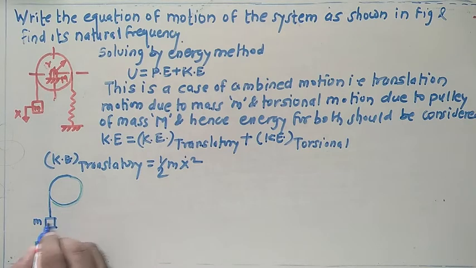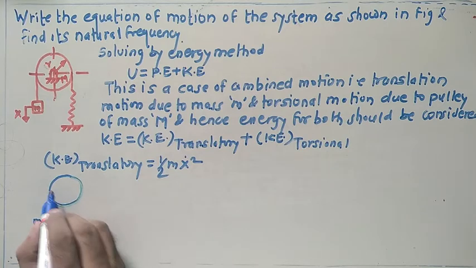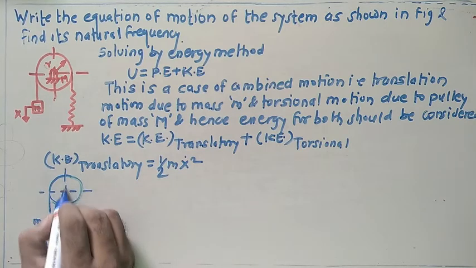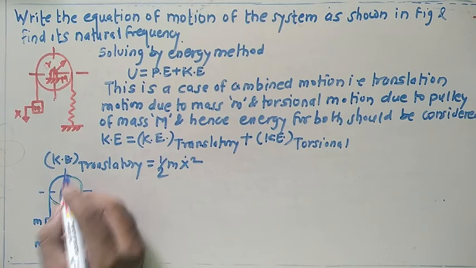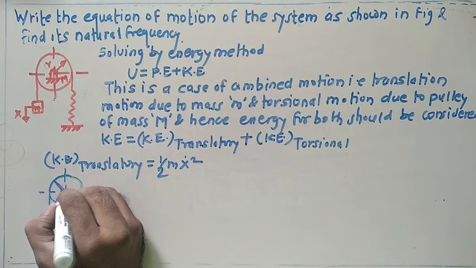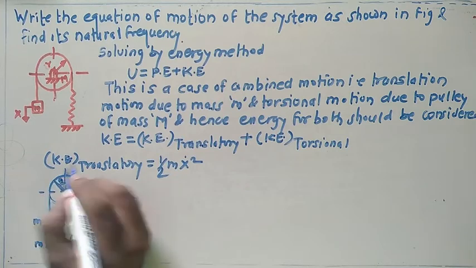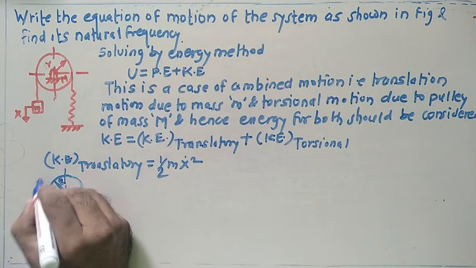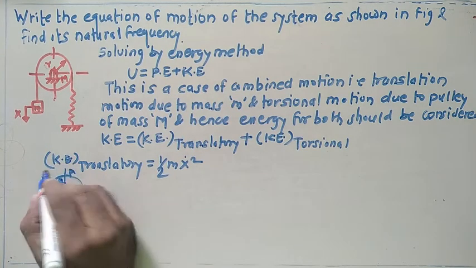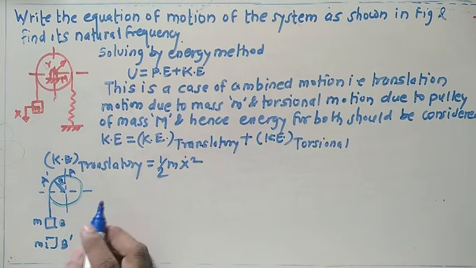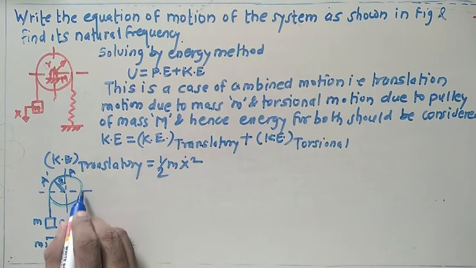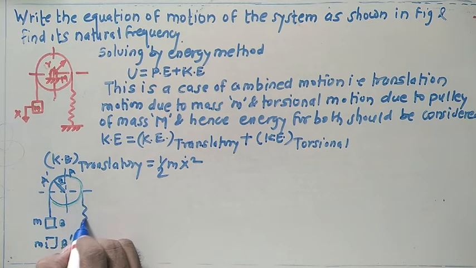This is the B position, and this indicates the B dash position. The pulley is displaced by an angle, say theta. A point moves to A dash point here. At the same time, the spring also gets expanded like this.